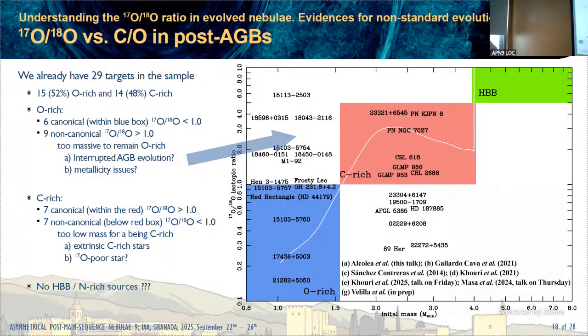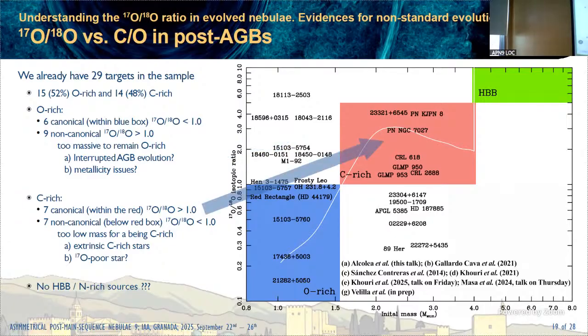My explanation for that is that you have an interrupted evolution, since the oxygen ratio is set at the beginning of the AGB and you become carbon rich after you end the AGB. If you somehow get interrupted, you can remain oxygen rich while having this ratio characteristic of carbon rich.